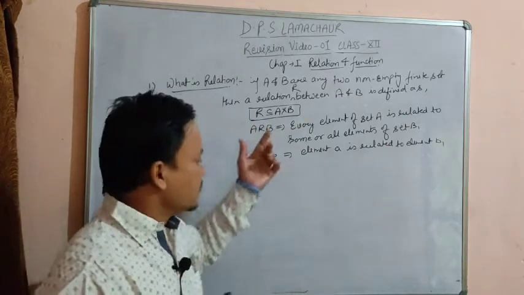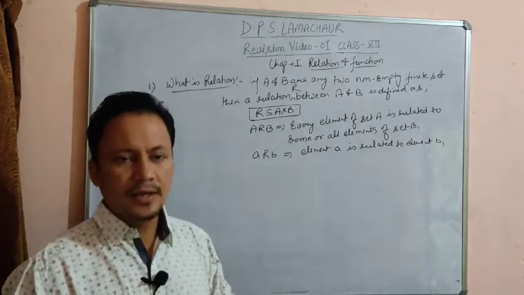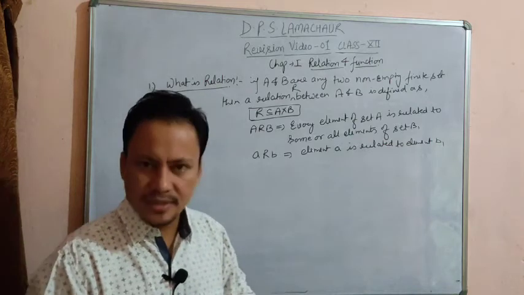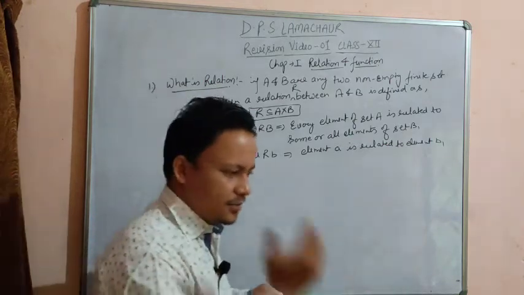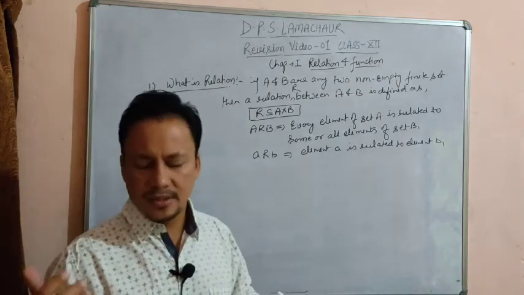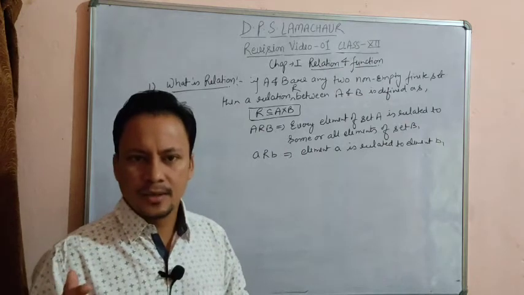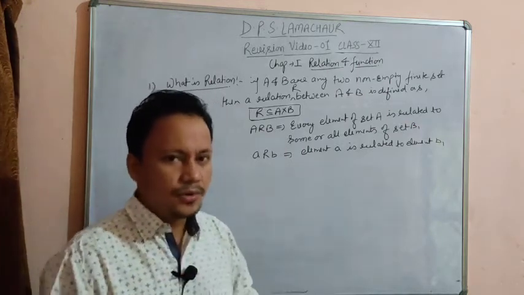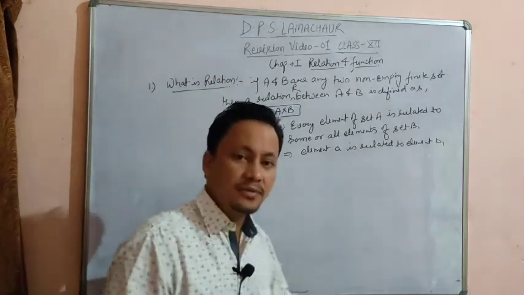For example, suppose DPS Lamachod is a set A. Take it as a universal set and it contains many subsets, like students of class 12th, students of class 11th, students of class 10th. So we can categorize DPS Lamachod into small subsets. So you guys are a subset of DPS Lamachod.